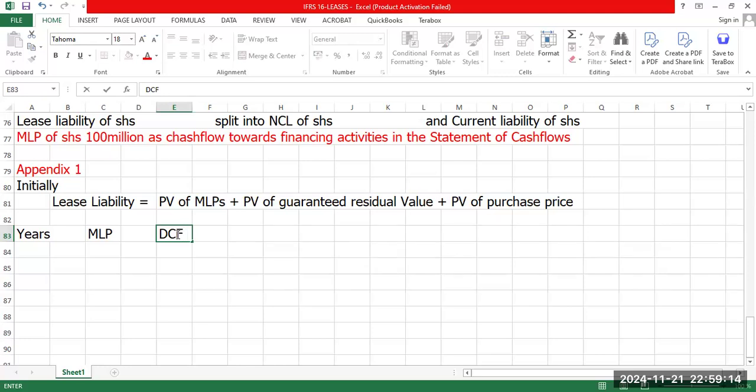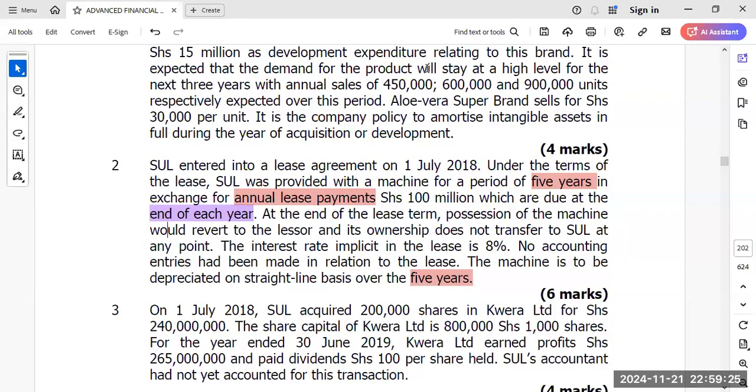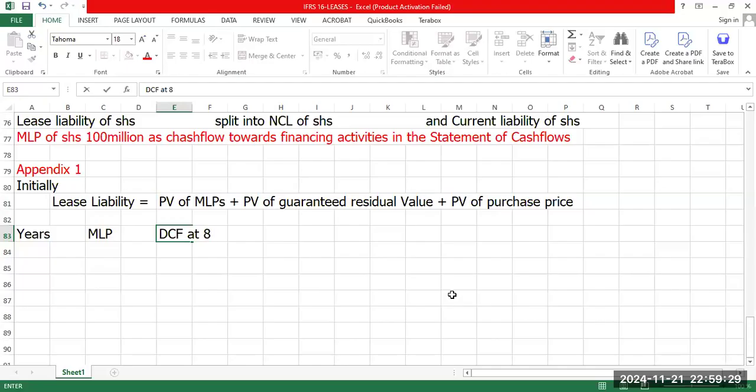Discount factor is at what is the rate in the question? The rate given is 8%. At 8%.